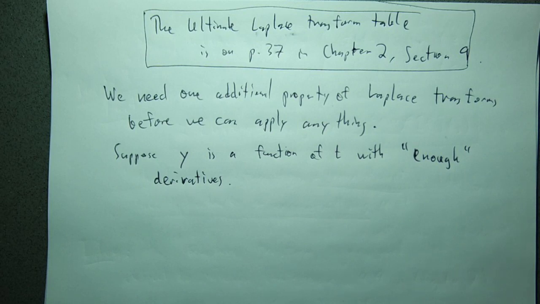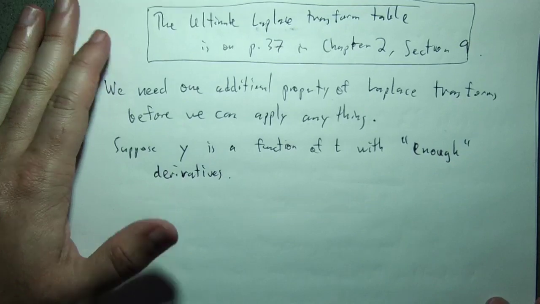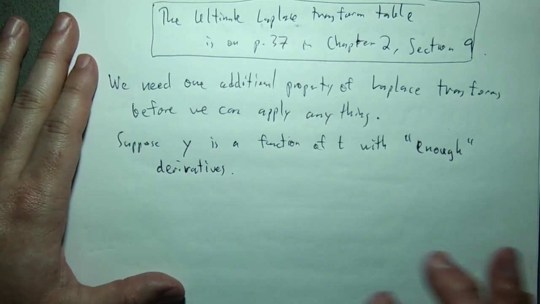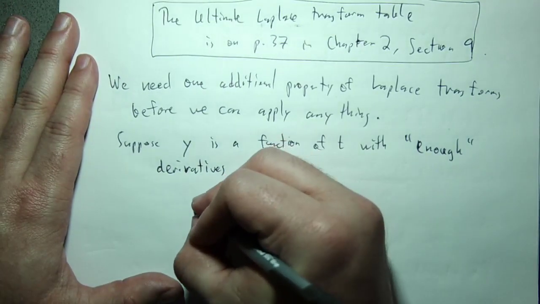Okay, so if I want it to be a twice differentiable function, then I'm only going to write expressions that involve up to the second derivative. But anyway, it's got enough derivatives.